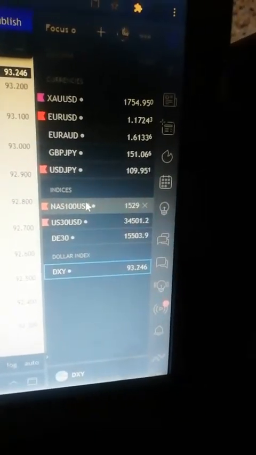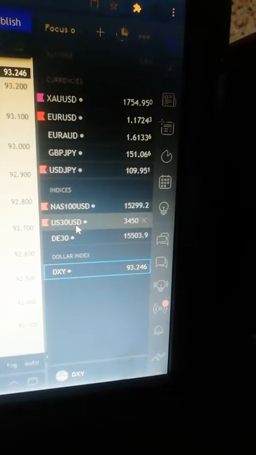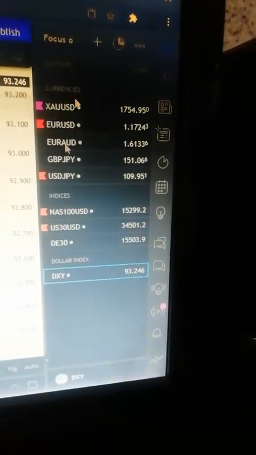This is what I'm just focusing on. These are just my pairs. Mostly I trade just NASDAQ and sometimes US30, but mostly NASDAQ. And these other ones I'm still back testing them. Gold, I kind of was trading gold.